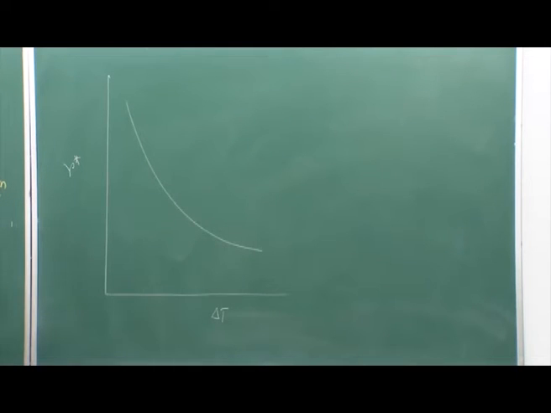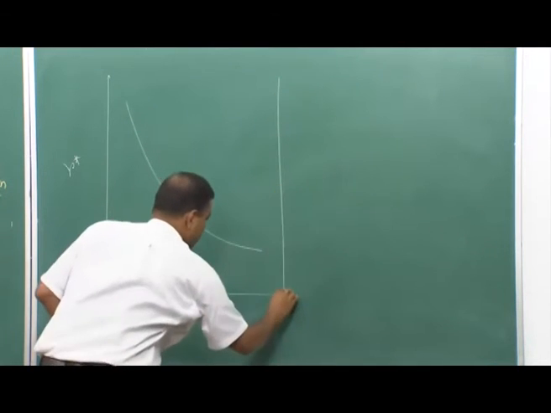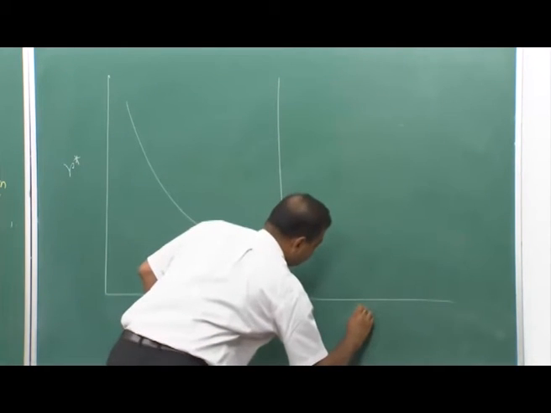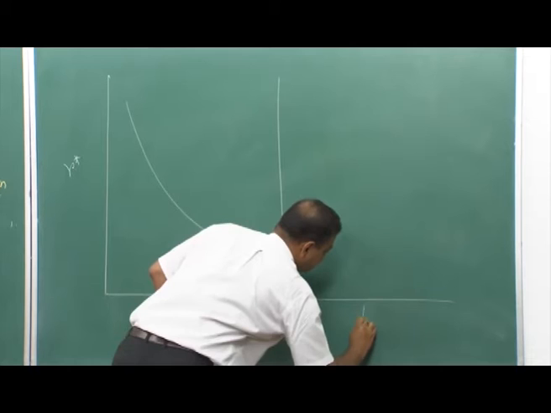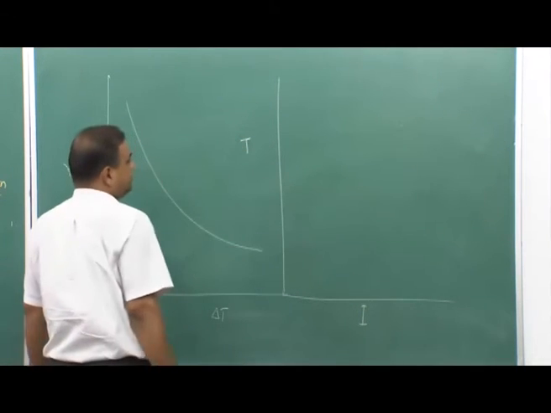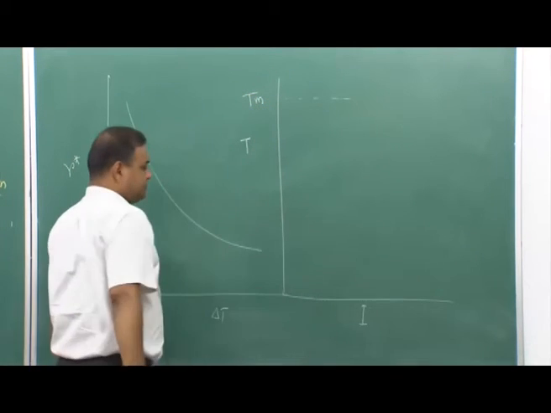So this is the R star variation. Now, if we try to plot I as a function of temperature, let us say this is my Tm, which is the melting temperature.